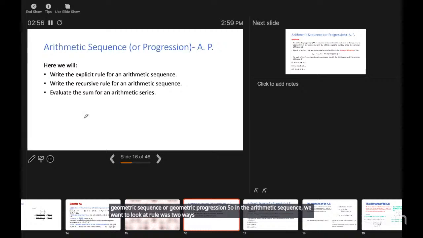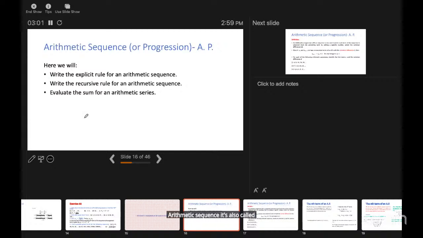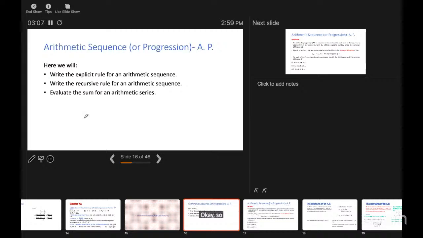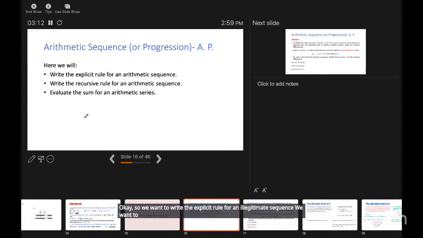Please don't get confused. Arithmetic sequence is also called arithmetic progression, popularly called AP. We want to write the explicit rule for an arithmetic sequence, get the recursive rule for an arithmetic sequence, and evaluate the sum of an arithmetic series, which you call the sum of AP.